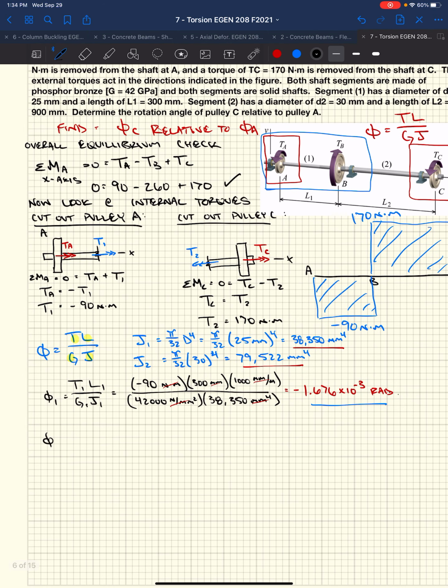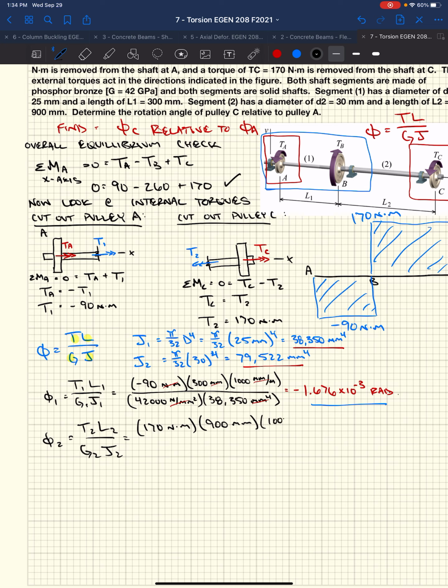We go back and we look at the deflection of rod 2, L2, G2, J2. Well, this has a positive internal torque, so now we have 170 Newton meters. It has a length of 900 millimeters or 0.9 meters.